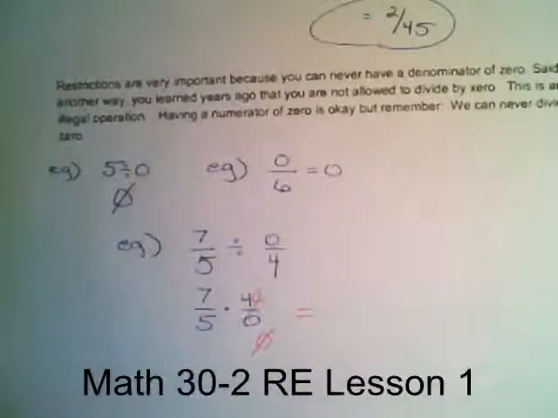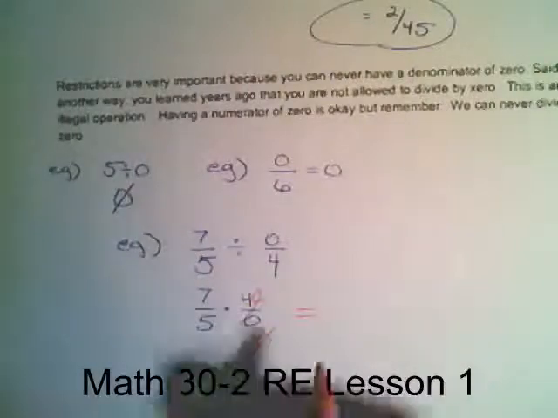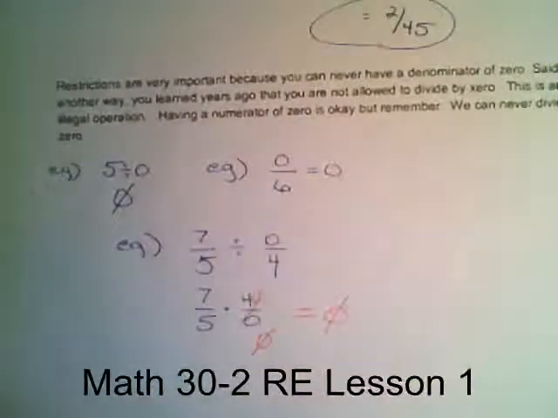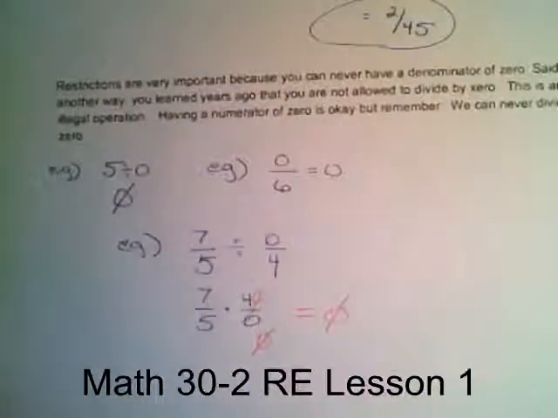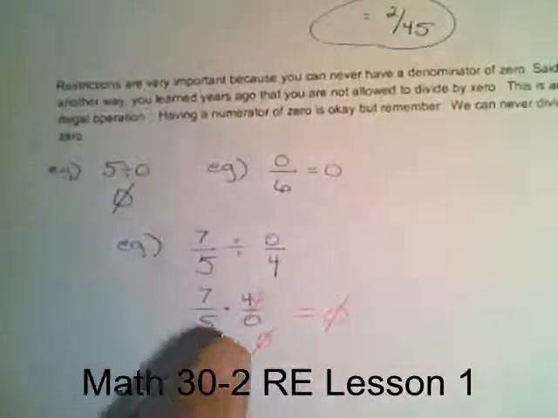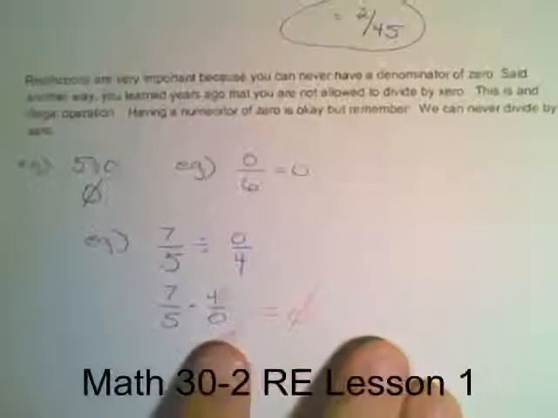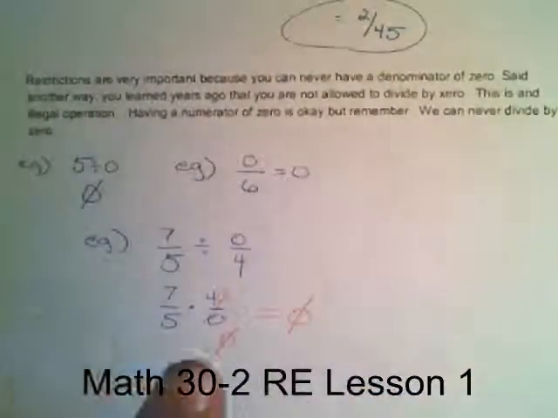And at this point, this fraction doesn't make any sense. This fraction doesn't mean anything. It's undefined. It's empty set. And since part of it is undefined, and I can't describe what this piece of the whole thing is, I obviously can't describe the whole thing. So the whole thing ends up being undefined.